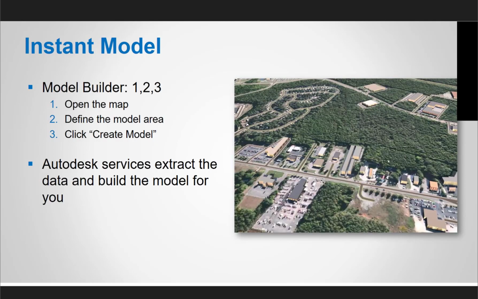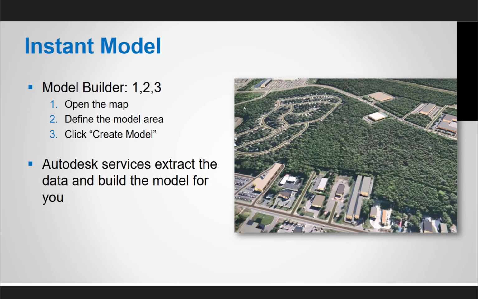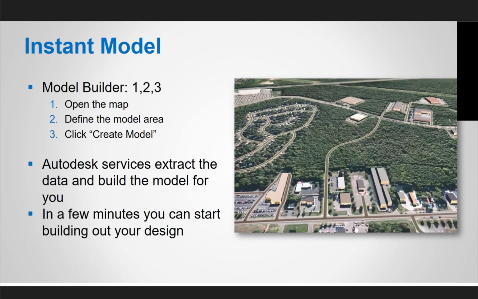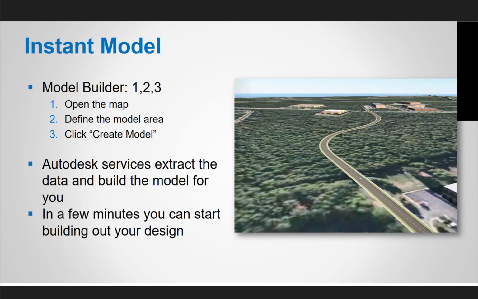It's a matter of highlighting the data and downloading the particular model, and I can start engaging that model and sketching in my proposed designs inside of here, or even bringing in whatever civil designs I may have already created to show that in context.